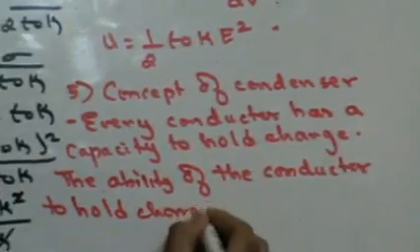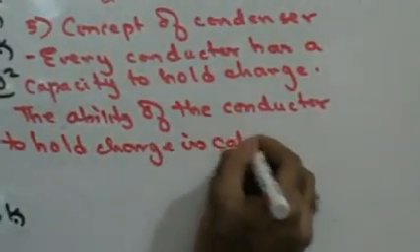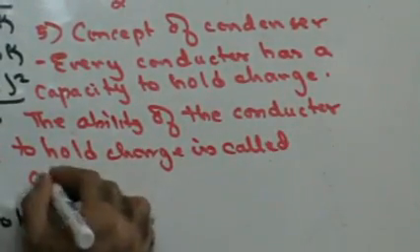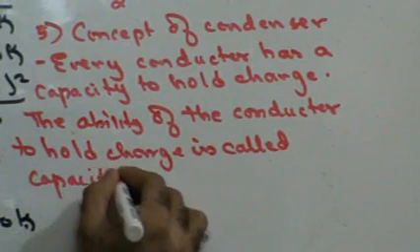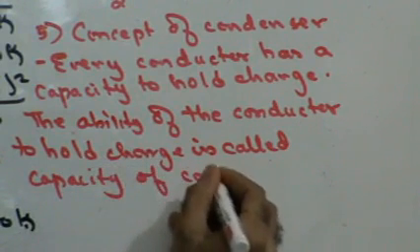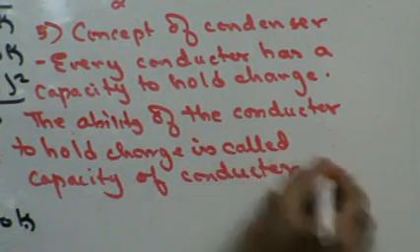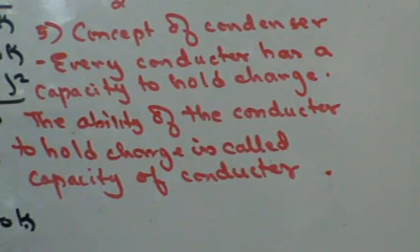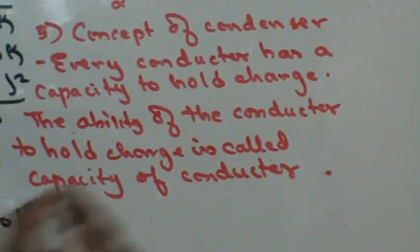The ability of the conductor to hold charge is called the capacity of the conductor. Fine. In simple language, how much charge can be stored on a conductor is the capacity of the conductor. Now, what are the factors on which capacity of conductor depends?